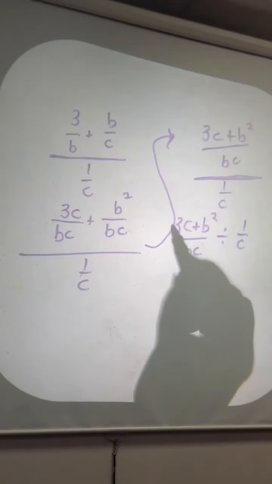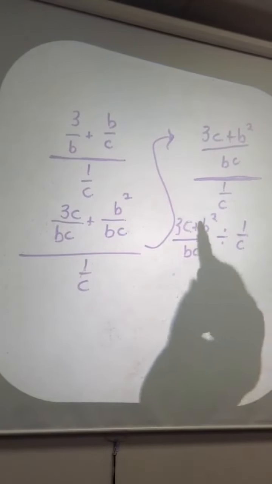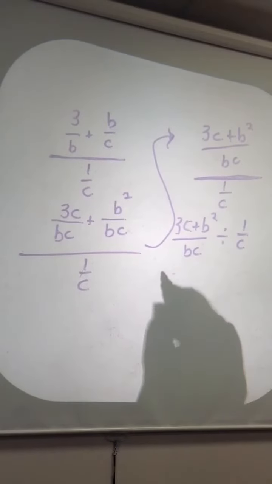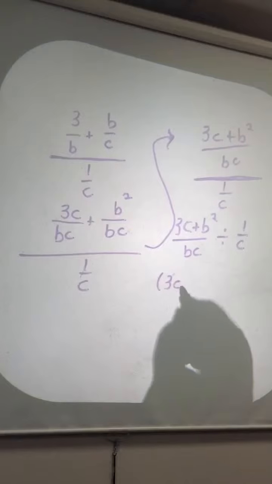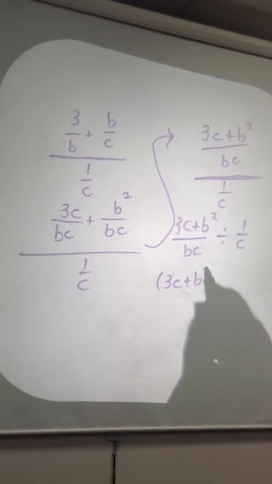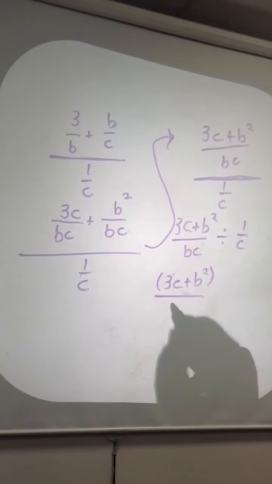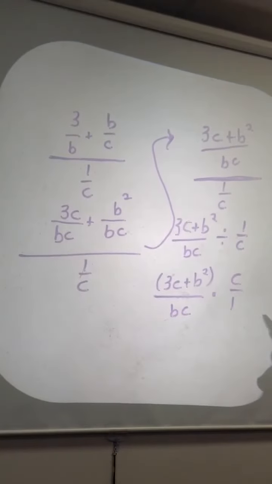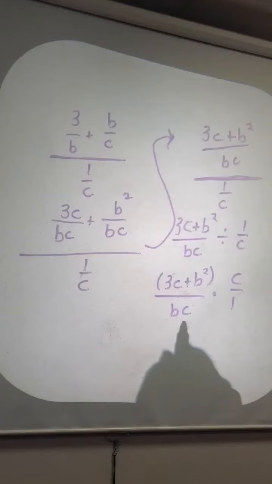This is a term. 3C is a term. B squared is a term. Remember that. So you're going to have 3C plus B squared, two terms, over BC times C over 1. BC, both are factors. You can cancel factors. You can never, ever, ever cancel terms.